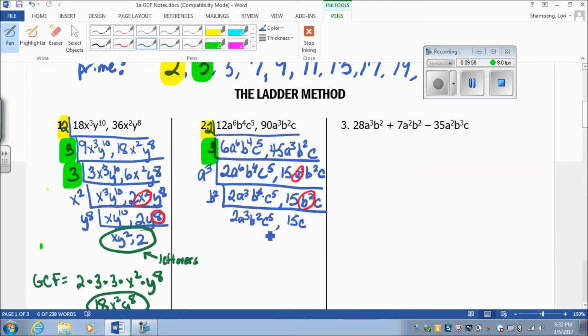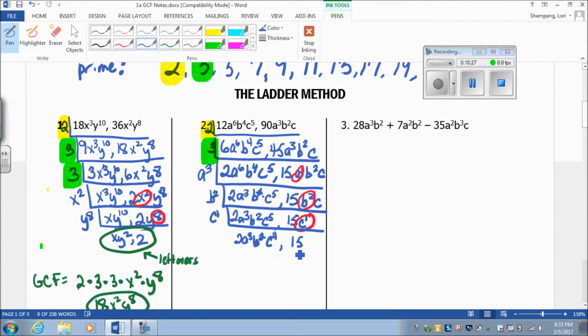Finally, we have this c. There's a c that's common to both monomials. The smallest exponent is right here associated with that c. So that means we're going to factor out c to the first power. So we're going to end up getting 2a to the third b squared, c to the fourth, and then just 15.